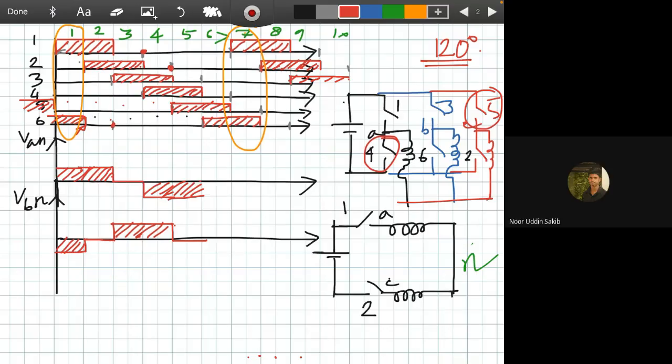So there will be no output of An. Yes, sir. An will be 0. And there is output of 5 and 6. 6 is used with B, but in the negative. Yes, sir. So it will be negative. Okay. Is it okay now? Yes, sir. Okay.